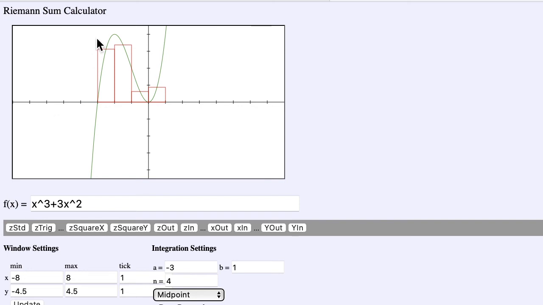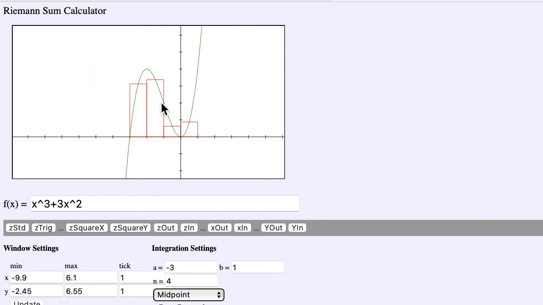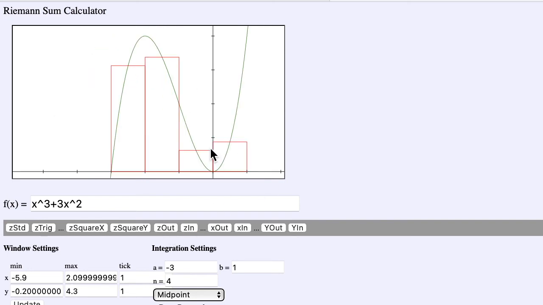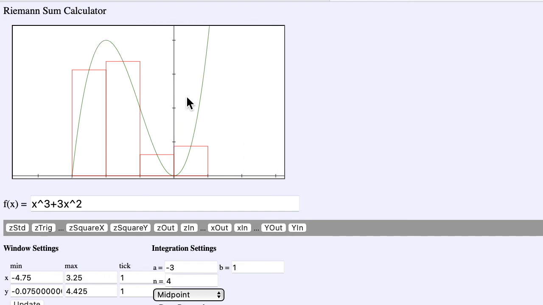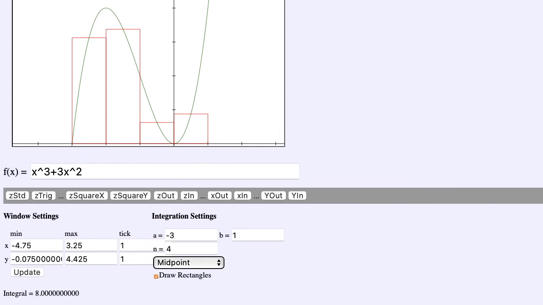Those are the rectangles we just looked at. I'll zoom in on it a bit. So that would give us the area, and the area that it's coming up with is 8.